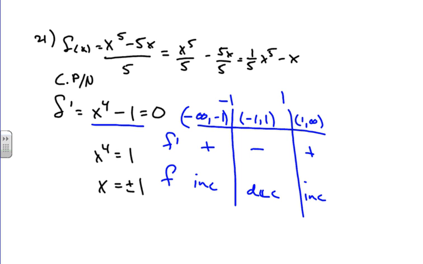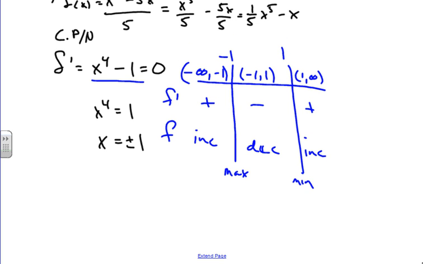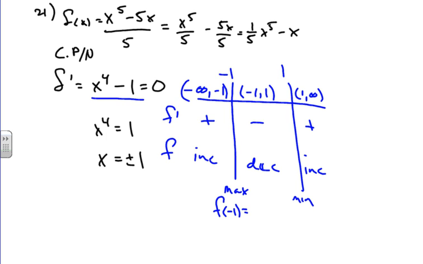From here, we can now notice that we have a maximum value at -1 and a minimum at 1. Well, checking this out, we can find these values for our max and min. f at -1, we plug that into our original function.